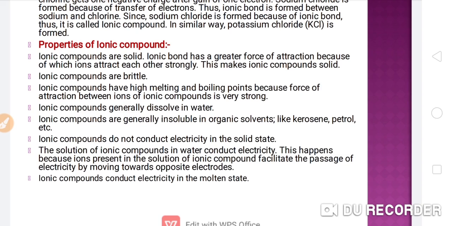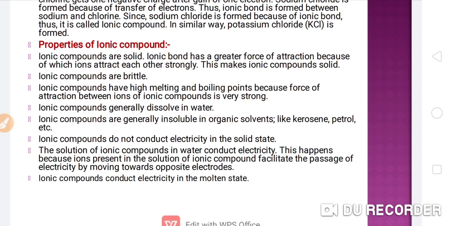Ionic compounds have high melting and boiling points because the force of attraction between ions of an ionic compound is very strong. Okay. Now third point, ionic compounds generally dissolve in water, and ionic compounds are generally insoluble in organic solvents.